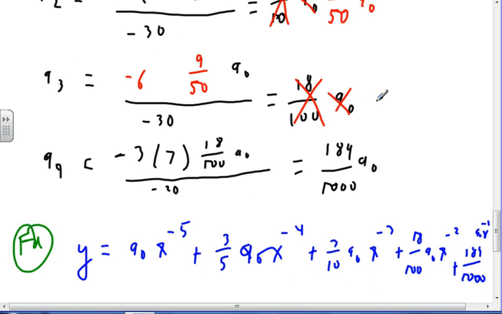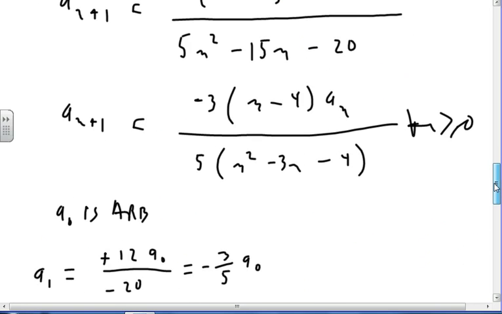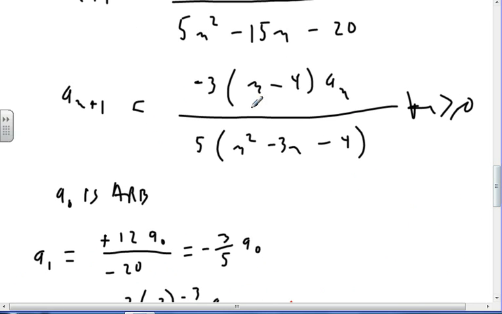And we're going to have, 6 goes into that guy 5 times, right? So we're going to have 9 over 250 a 0. All right, now for a4, n is equal to 3. Isn't that 6 positive?